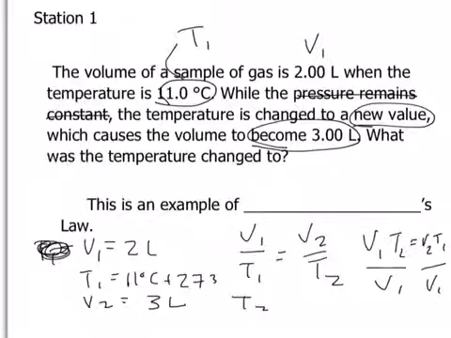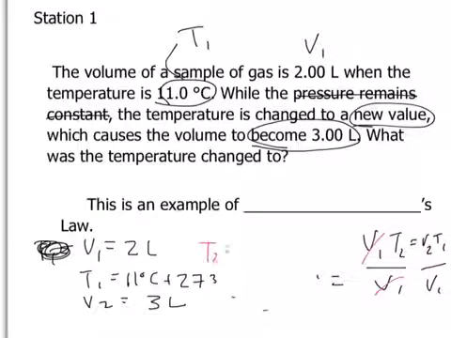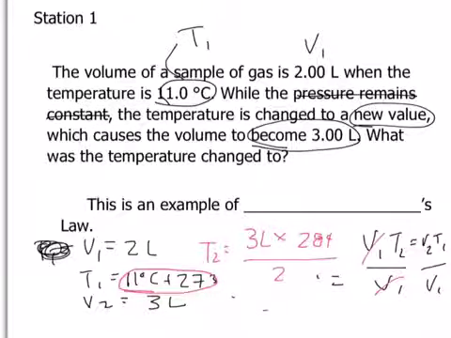So we end up with T2 equals V2, which is 3 liters, times T1, which is 273 plus 11, so that's 284, over V1, which is 2.